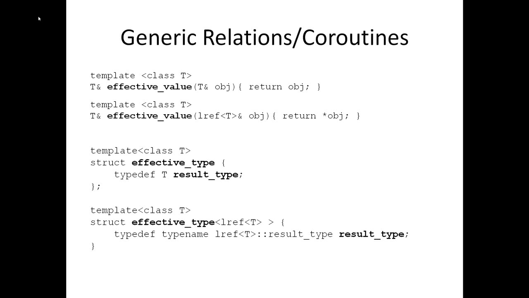Similarly, there's also a traits class called effective type. It defines a member typedef called result type, which will be the same as T in the case of ordinary types, whereas if the type T is a logic reference, it's specialized so that result type is actually the type of the value referenced by the logic reference.